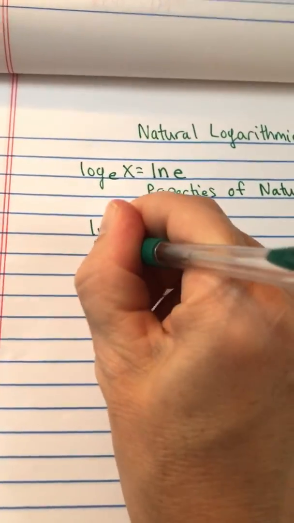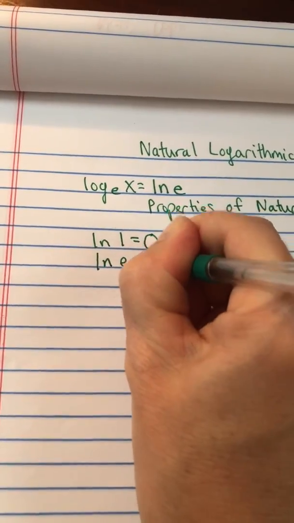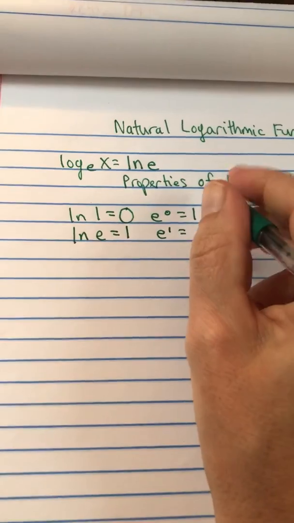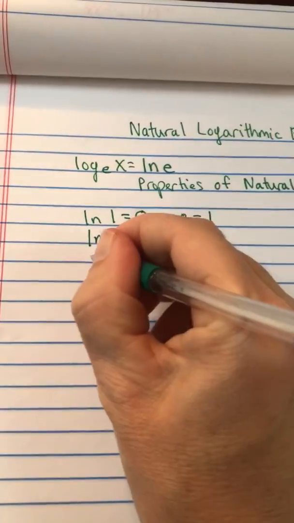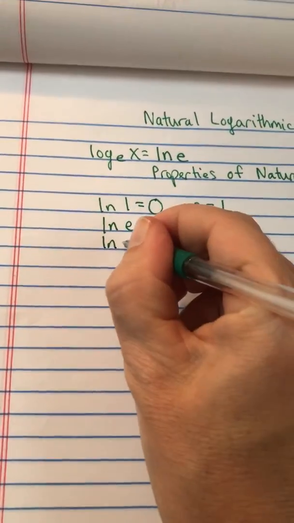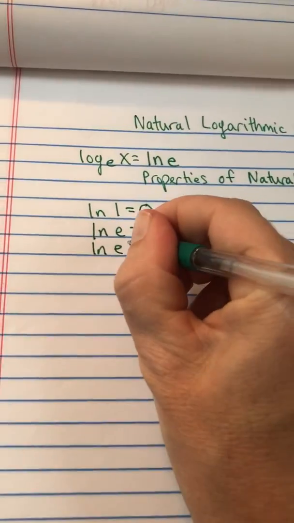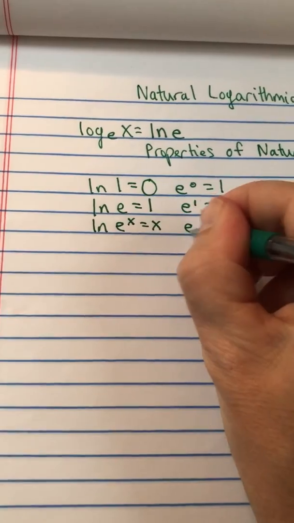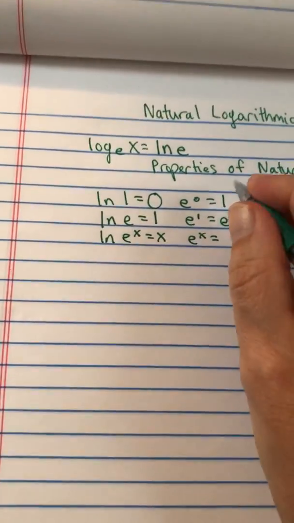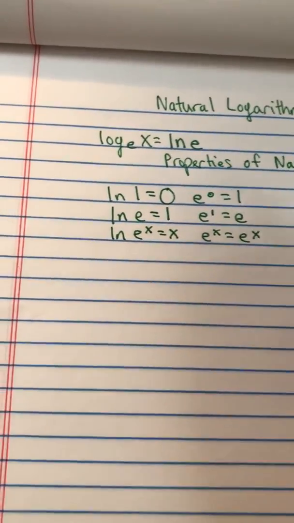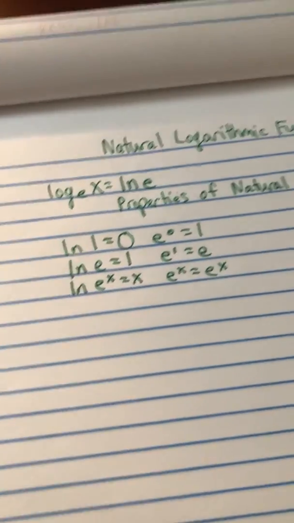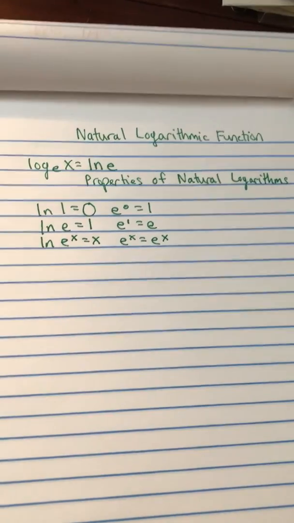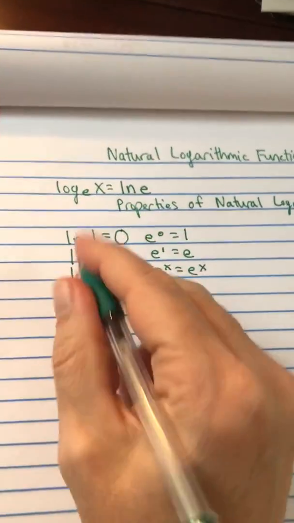All right, the natural log of e equals 1. e to the 1 equals e. And the natural log of e to the x equals x. e to the x equals e to the x. All right, so again, they become less confusing once you see some concrete examples, okay? Kind of like with all of math.